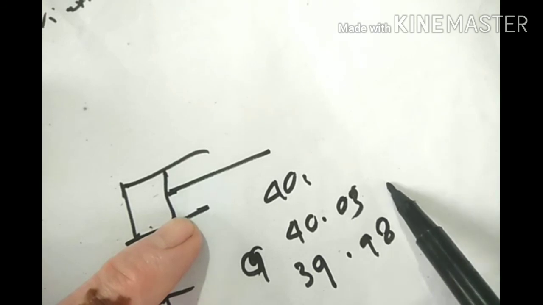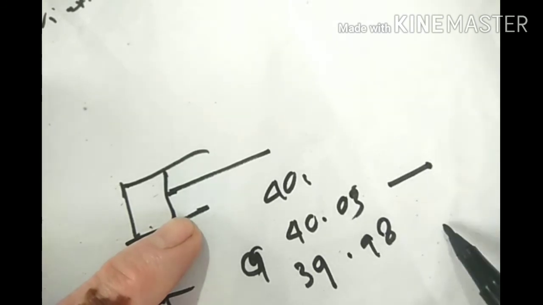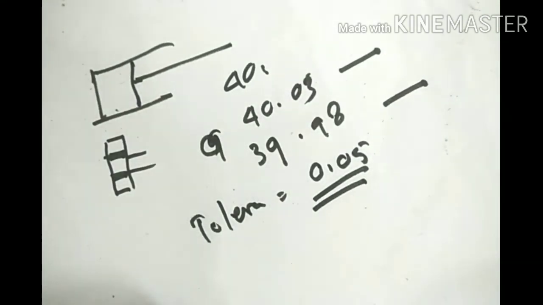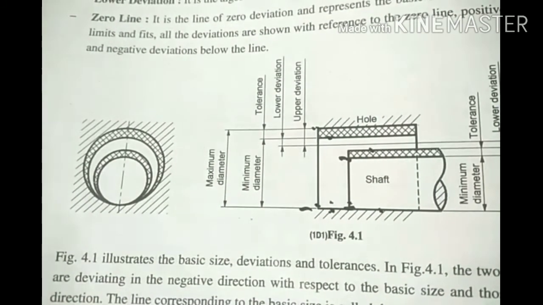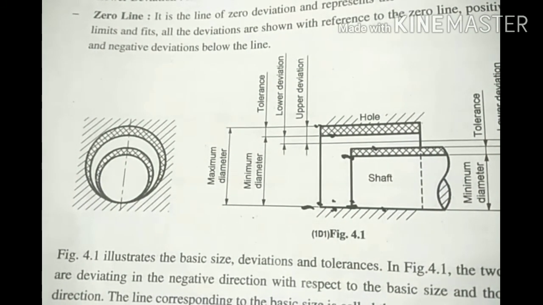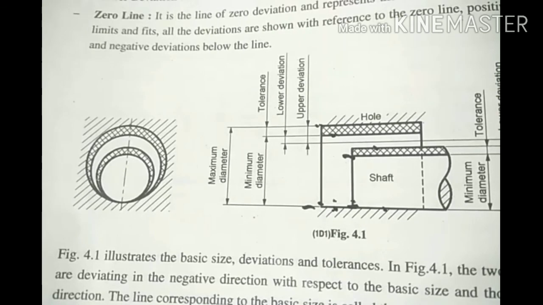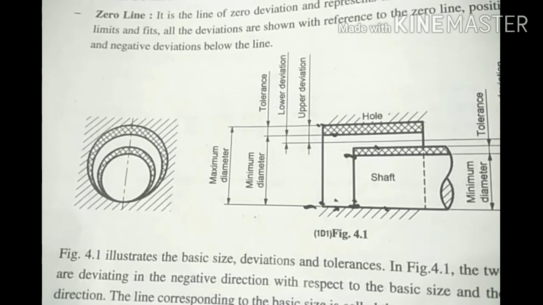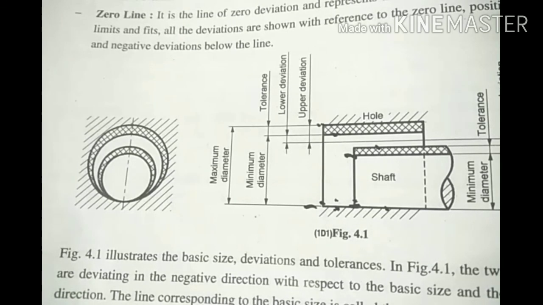You can say upper limit of dimension and lower limit of dimension. So the tolerance means the difference of these two, that is 0.05. Okay, 0.05 is the tolerance. So tolerance means the difference between maximum and minimum limit size, or the algebraic difference between upper and lower deviation.